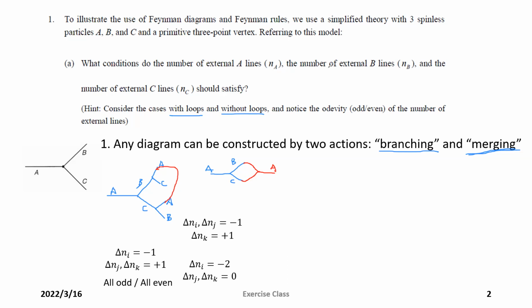Assuming initially odd. Yeah, because all the diagrams are constructed from this primitive vertex, right? So let me consider an example.